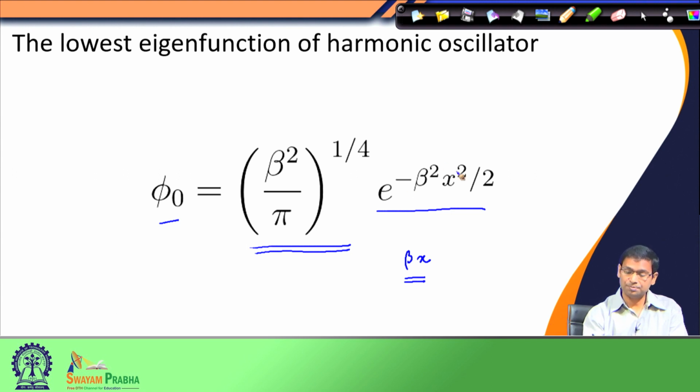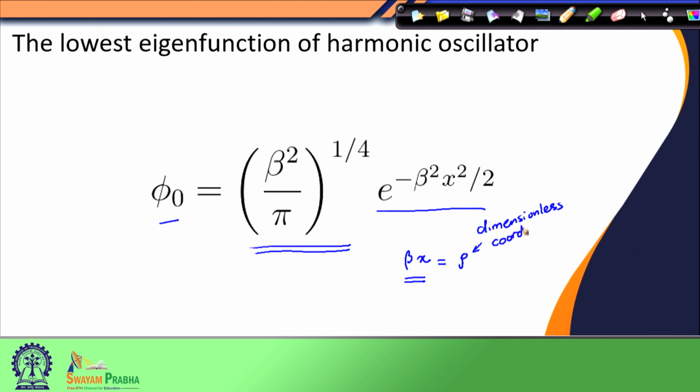So, here beta square x square is actually a dimensionless quantity. We would define this dimensionless quantity beta x as rho, which is a new dimensionless coordinate, as opposed to this x, which is a coordinate with a particular dimension.